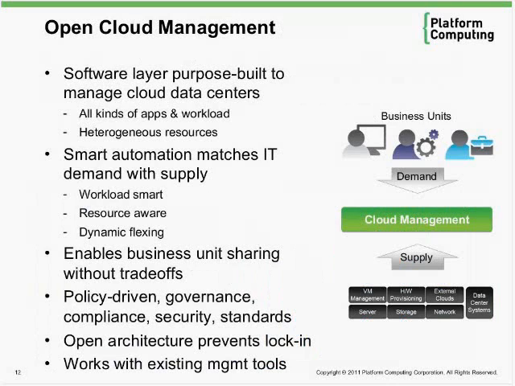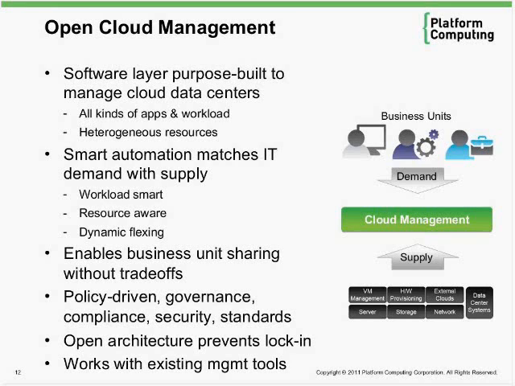Now let's look into it deeper. So what is new here, right? What is new is what we call cloud management or open cloud management, which sits between all the supply of your hardware resources and all the demand from your business units and applications.